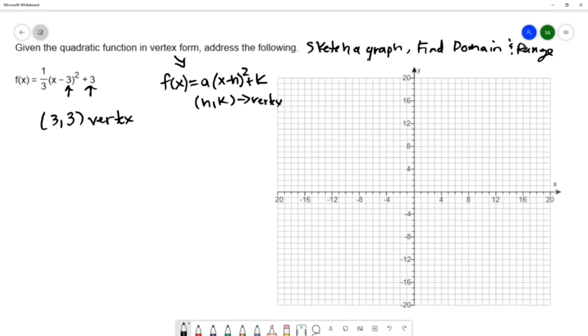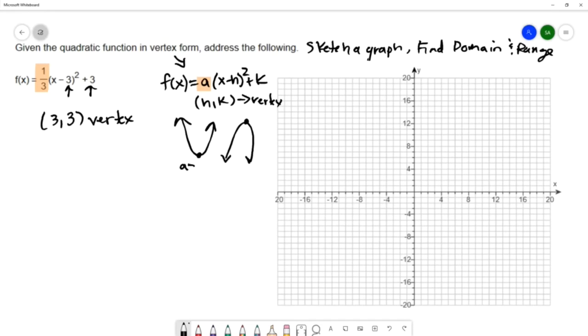So with a parabola, you either have an up-facing parabola or a down-facing parabola when your quadratic is a function. And the vertex is at these turning points here. So we're going to use the value of a, which in our example is 1/3, to determine which one.